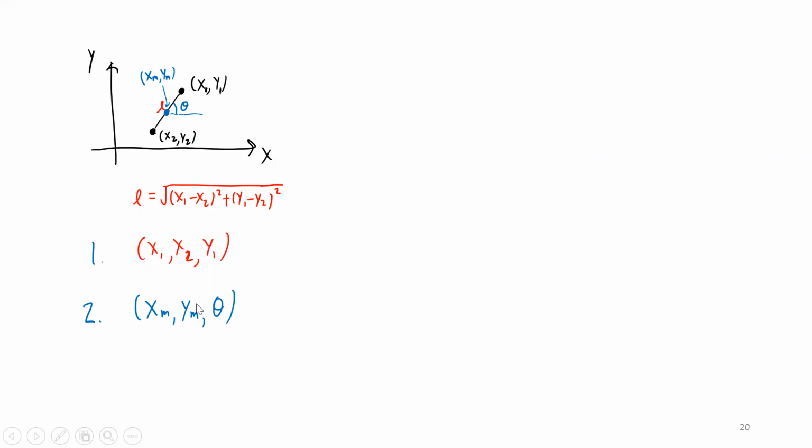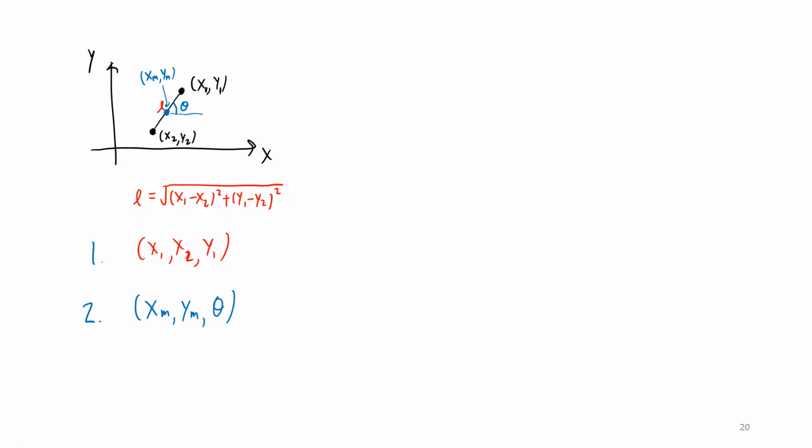You might imagine that the second set of choices is actually more convenient than the first. So this is one set of generalized coordinates, and this is the other set of generalized coordinates of the system.